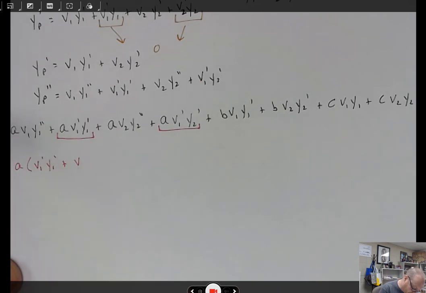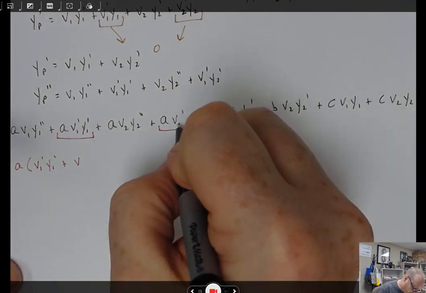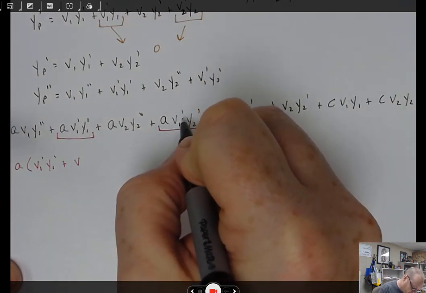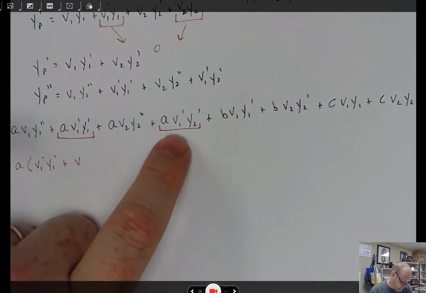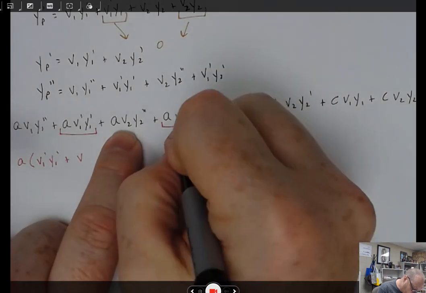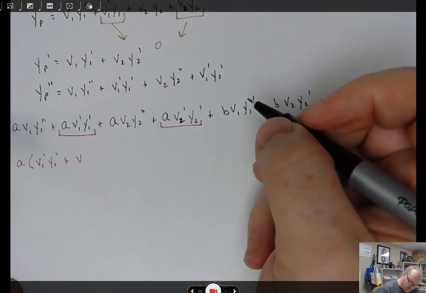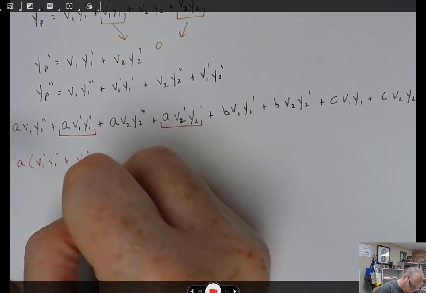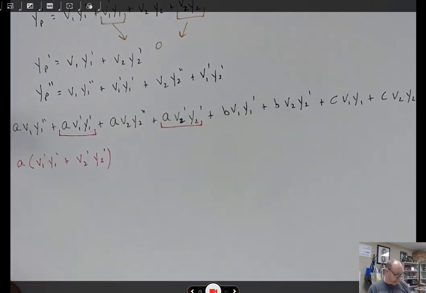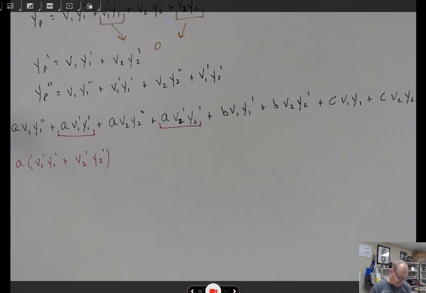That's why I was looking for just a moment. This would be a v2 prime right here. Sorry about that. And v2 prime, y2 prime. The other stuff is going to work out pretty nicely.